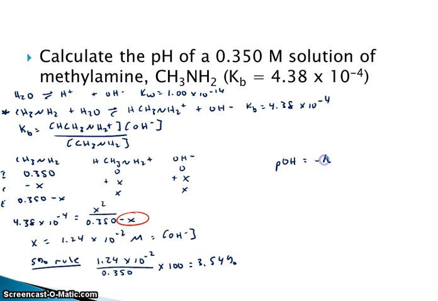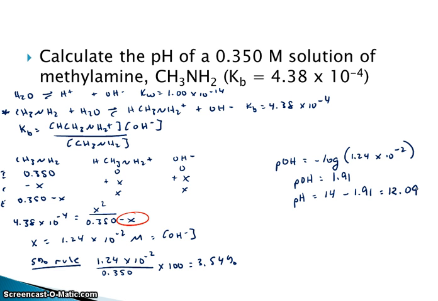I'll take the negative log of 1.24 times 10 to the minus 2, and that'll give me a pOH value of 1.91, and then my pH will be 14 minus that 1.91, and that'll give me a pH of 12.09.